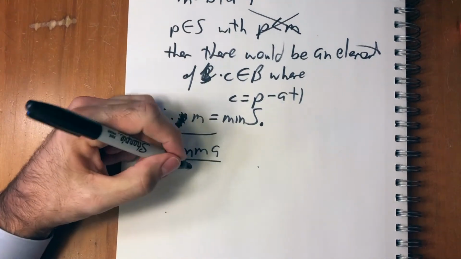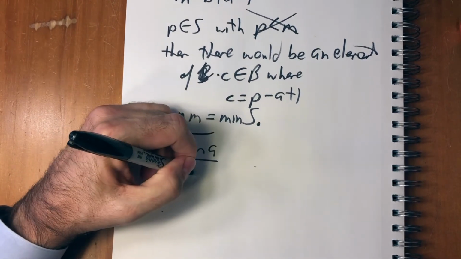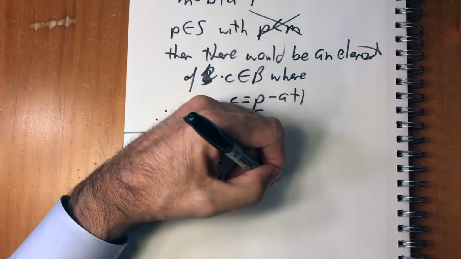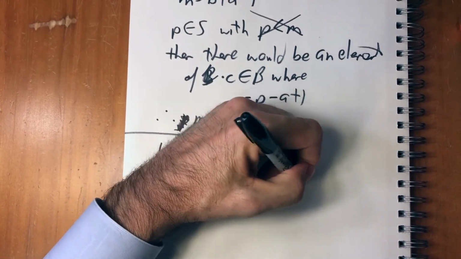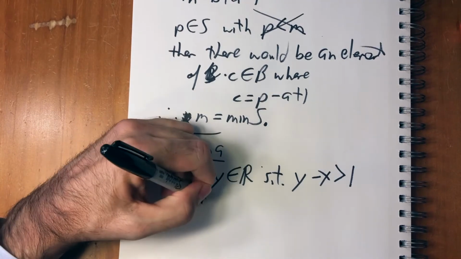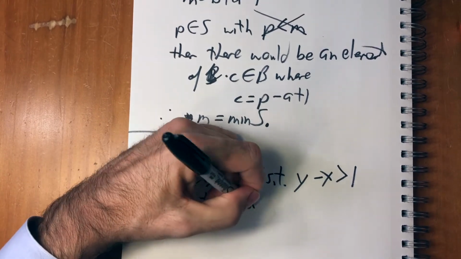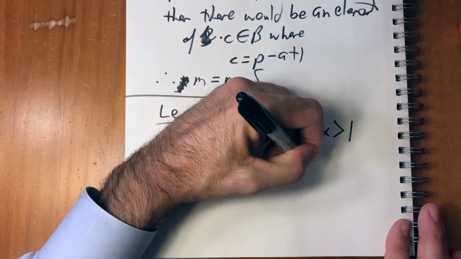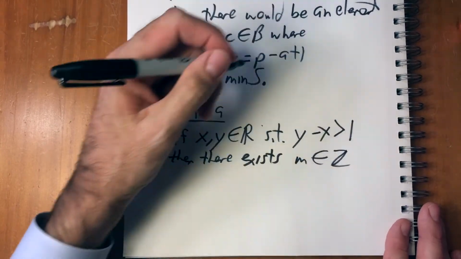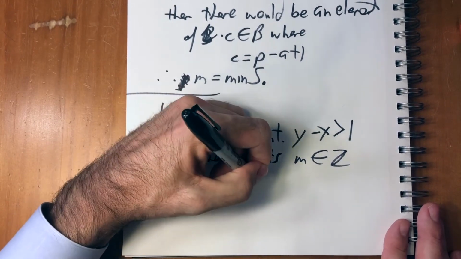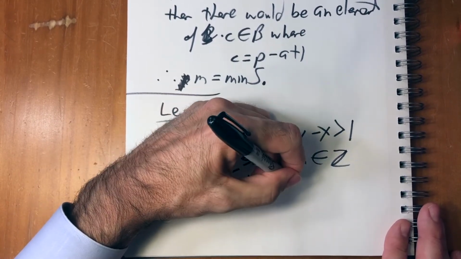So the lemma is that if we have an x and a y element of R such that y minus x is greater than 1, then there exists an m element of Z such that x is less than m is less than y.